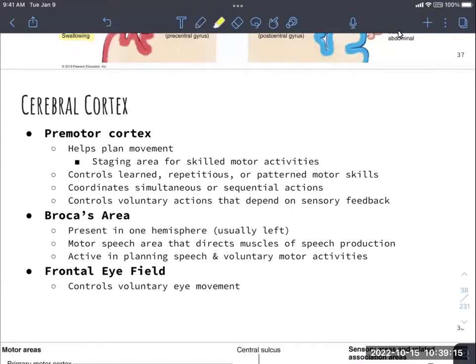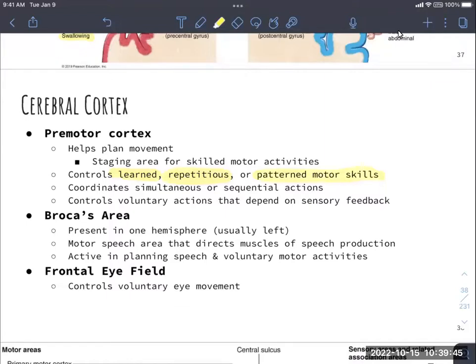Your premotor cortex allows you to learn new movements, new activities. It allows for repetitive movements like walking, running, or even patterned motor skills. Like playing the piano, that's a patterned motor skill. That specifically allows you to do certain patterned movements.